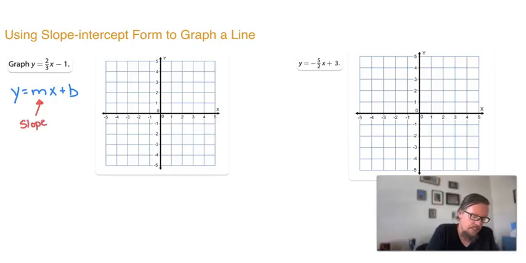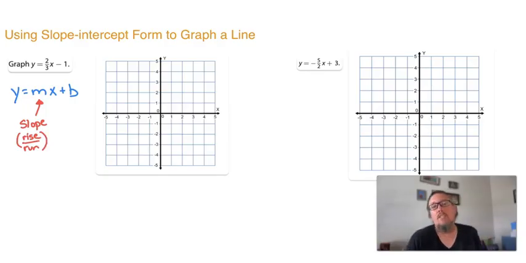And if it's a fraction, it gives us the slope in the form rise over run. If it's not a fraction, we can make it a fraction. You can turn any whole number into a fraction just by putting 1 on the bottom. So for example, if the slope was 5, we could write it as 5 over 1, and now it's a fraction, and we've got rise over run. So the slope gives us the rise over run, which tells us how steep the line is.